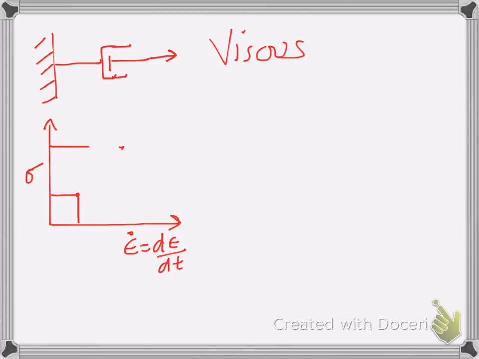And the same thing, at a higher stress, you get a faster rate of deformation. So this linear relationship, the slope there, is called the viscosity, which we call eta, and this viscosity for the idealized material is linear.